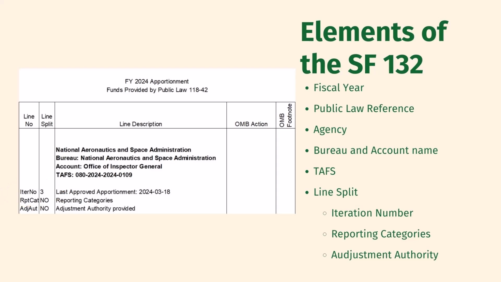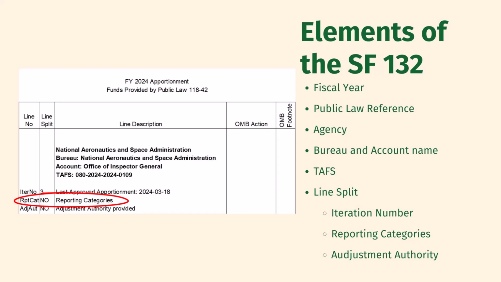Next is reporting categories, which shows yes or no. This indicates whether the account uses program reporting categories, which are special codes that break down spending into more detailed program areas. When set to yes, agencies must report their obligations on the SF-133 using these specific program codes.